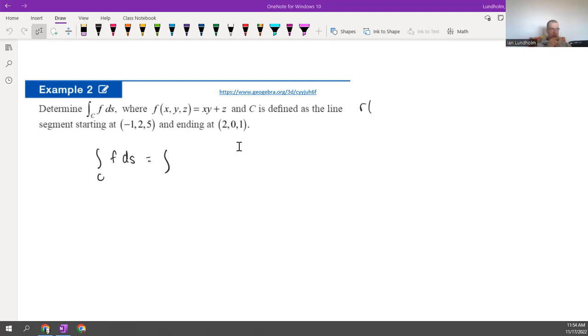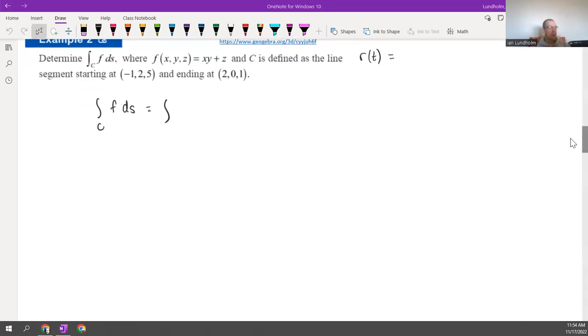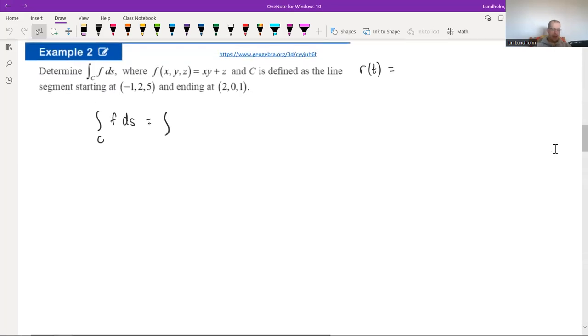That means r of t will be, and let's go ahead and move this down a little bit, something that has a direction vector and a starting point. A starting point could be either of those points. Actually, since they call this one the starting point, why don't we go with (-1, 2, 5) for our starting point.